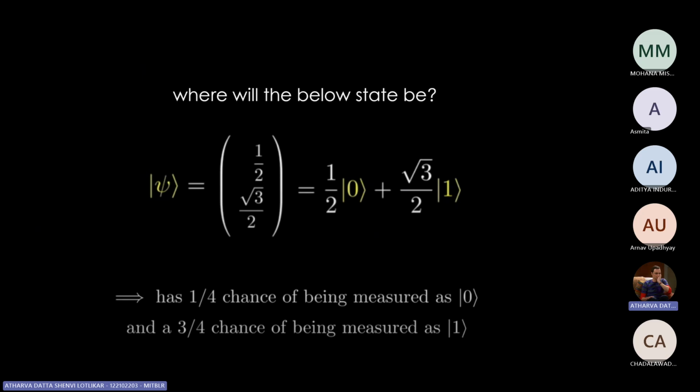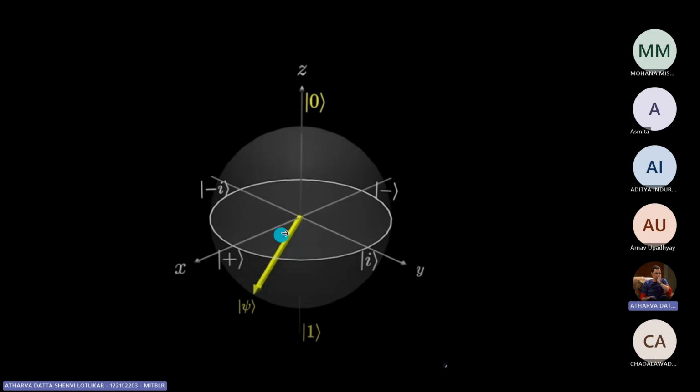So it will be more over the south side because there's a higher chance it's being measured as 1, and less towards the north side because there's a lower chance of being measured as 0. So it lies somewhere in this kind of plane. It can either be here or even on this side. I hope you can see my mouse pointer.